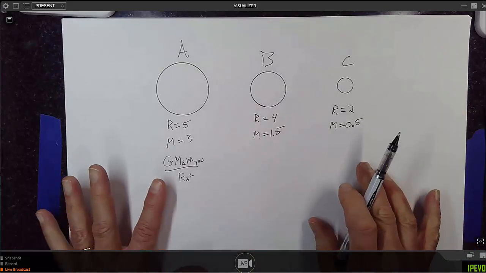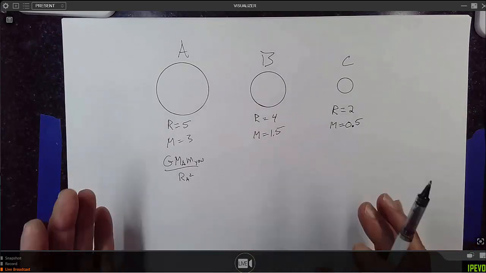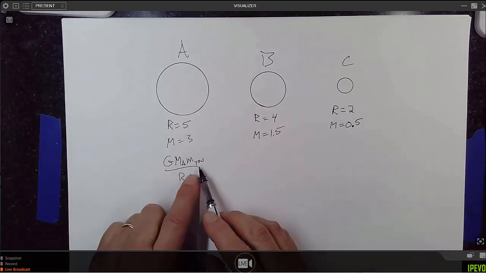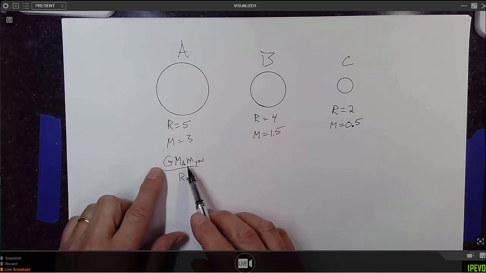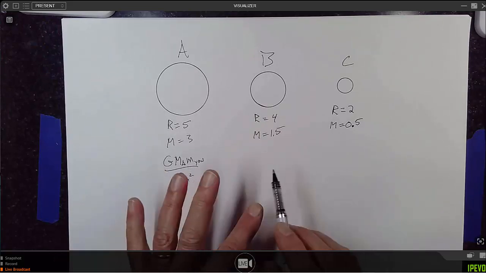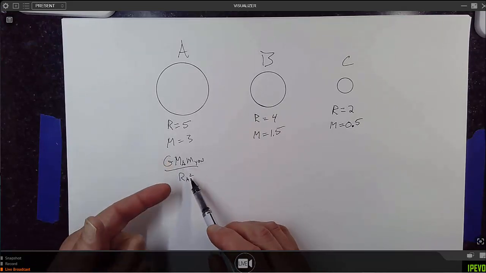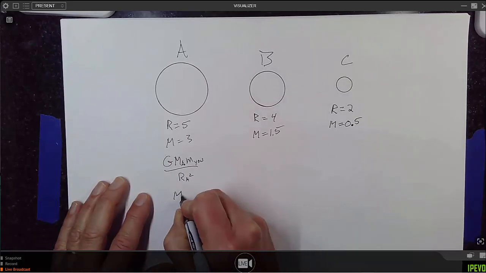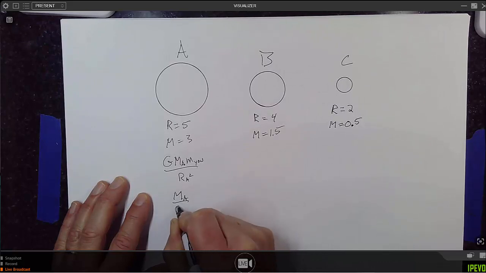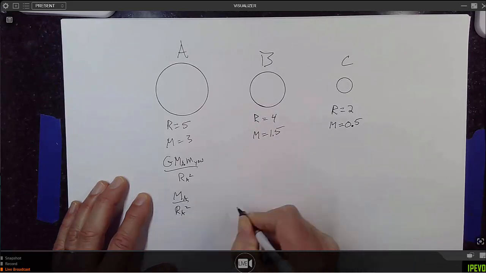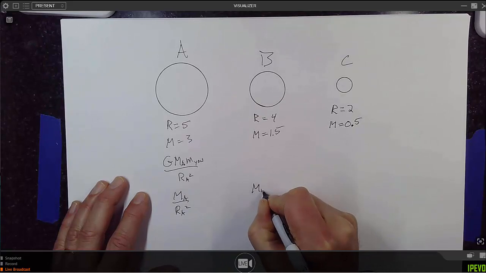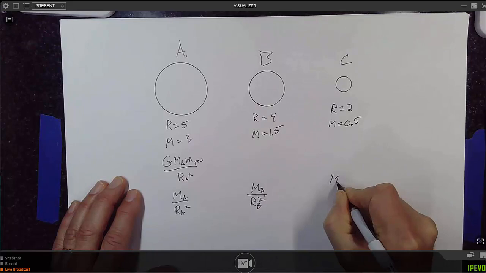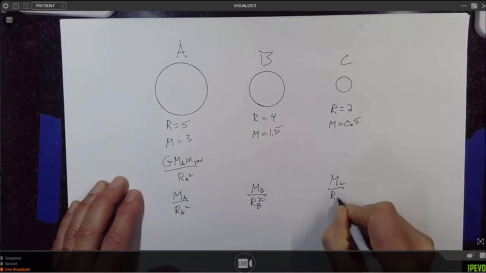But for comparison purposes, things that they all have, I don't need to think about. All of them would have a G and the mass of you in them, and the only pertinent information to compare them is going to be the mass of A over the radius of A squared. So that's what I'm going to compare: mass of A over radius of A squared, to the mass of B over the radius of B squared, and the mass of C over the radius of C squared.